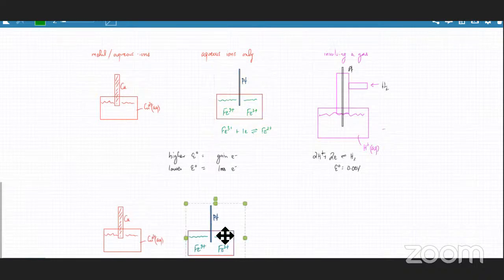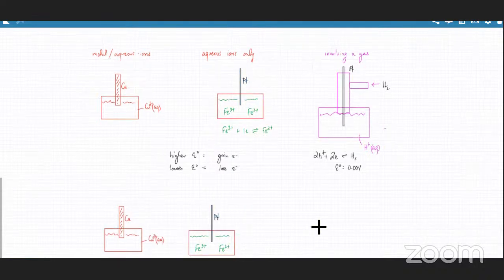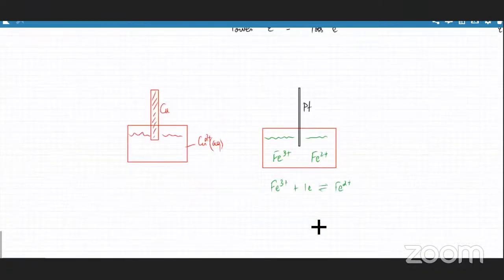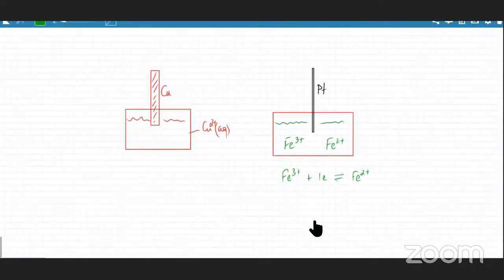So I've got two electrodes. You connect two electrodes together, you get a cell. What are the two reactions that are happening? इधर it's copper 2 plus trying to gain 2 electrons and vice versa, copper trying to lose 2 electrons.